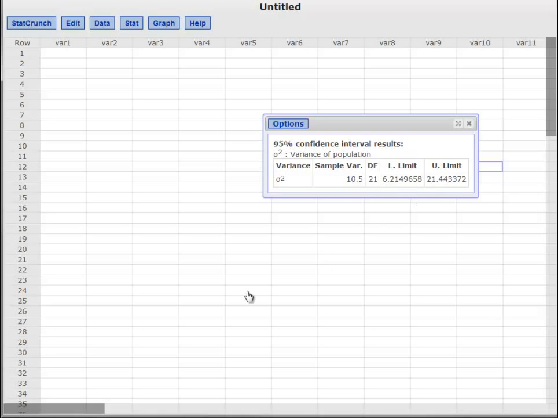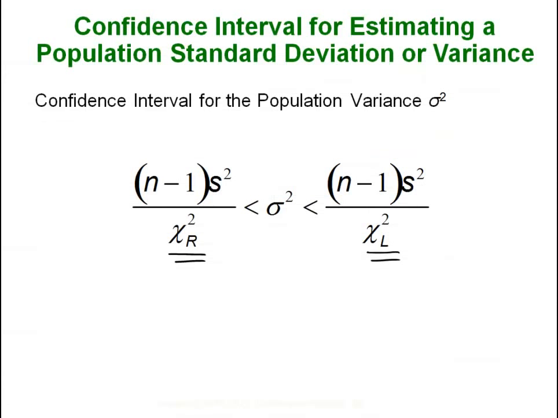Technology is the way to go, guys. You don't want to have to use these formulas. If we were to use these formulas, for instance, the left-hand side formula would be 21, because that's n minus 1, times 10.5, because that's our sample variance, and then we have to divide by the chi-square of the right-hand side.